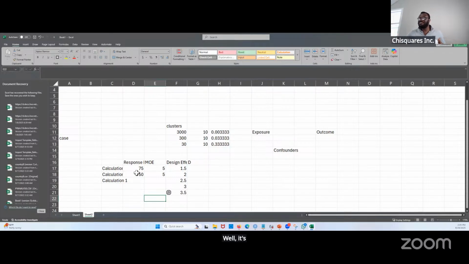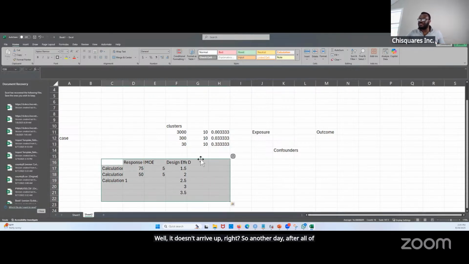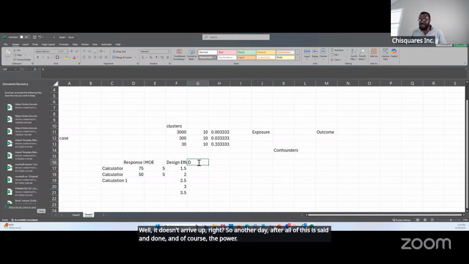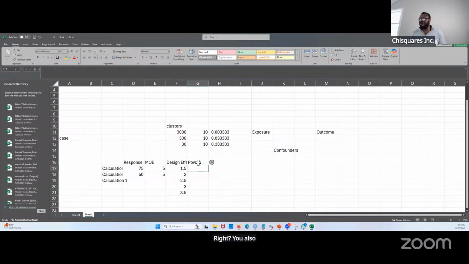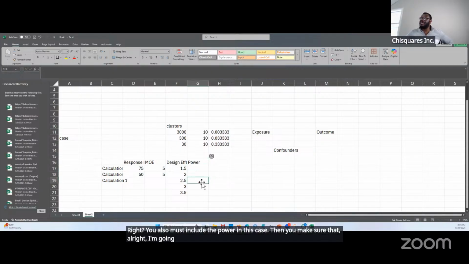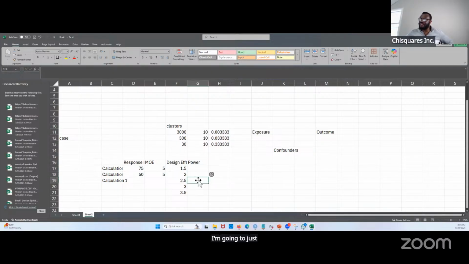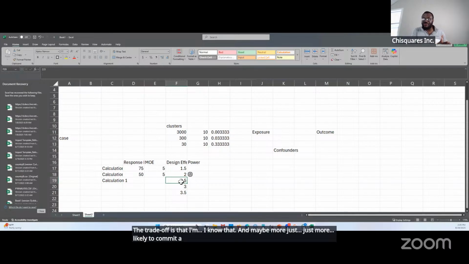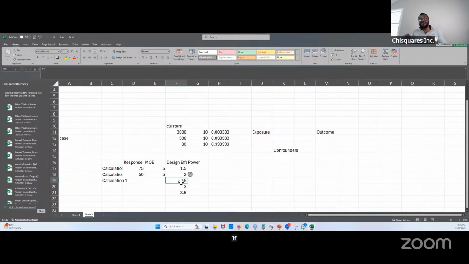So at the end of the day, of course, you also must include the power. Then you make sure that, all right, I'm going to just stick with, let's say, power of 80%, and I will just pick the one that I can afford. The trade-off is that I know that I may be more likely to commit a type 1 error if I underestimate the design effect.